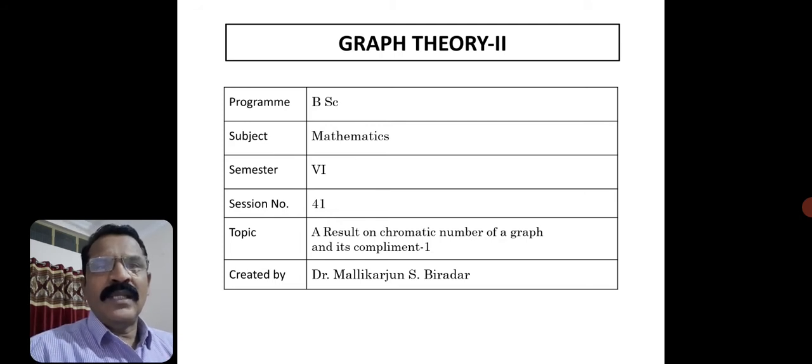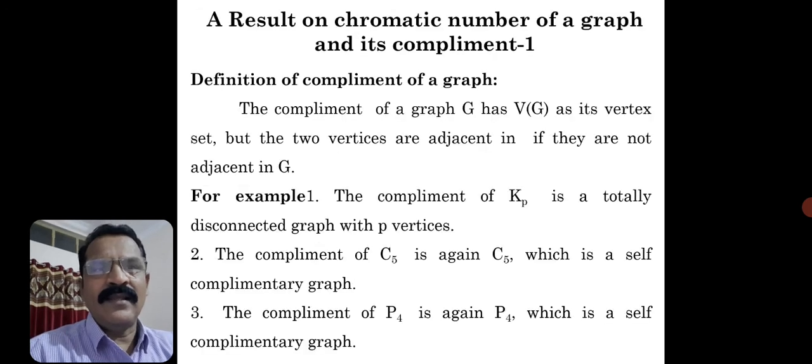Here, the vertices are not adjacent with each other because in a complete graph, every pair of its vertices are adjacent. So as per the definition of the complement of a graph, no two of its vertices are adjacent in Kp bar. So it implies Kp bar is a totally disconnected graph.